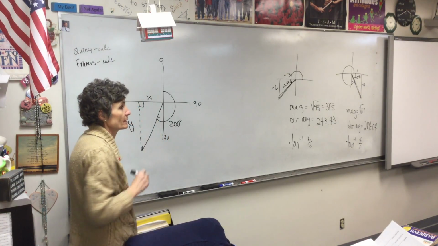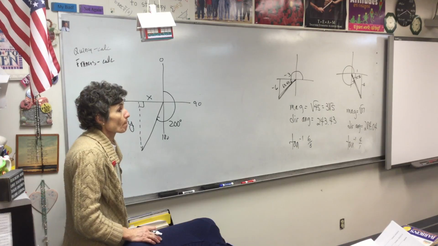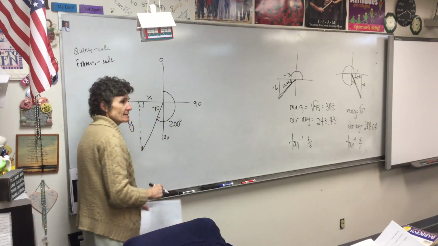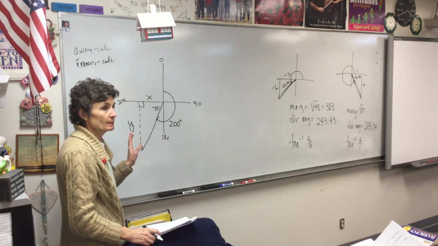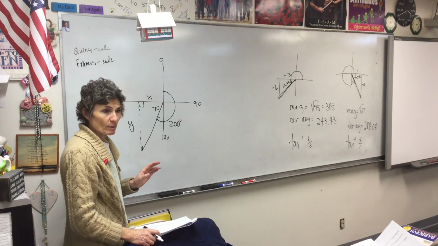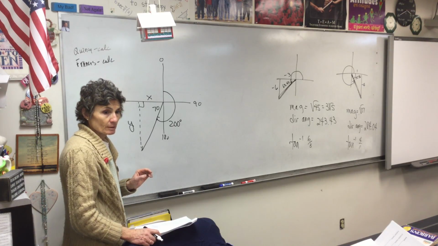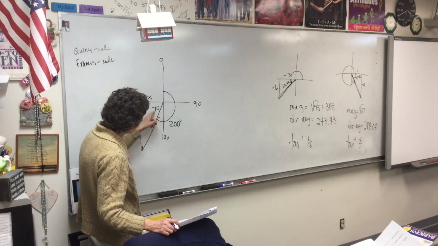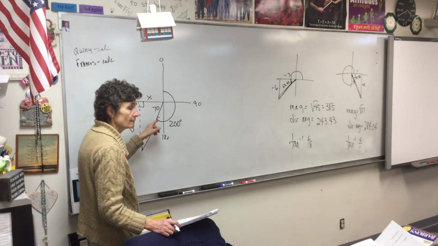Do I know anything else? Liam? This would be 70 degrees. Does that make sense to everybody? Look at the setup. Does it make sense to you that this guy would be 20, so this guy has to be 70?